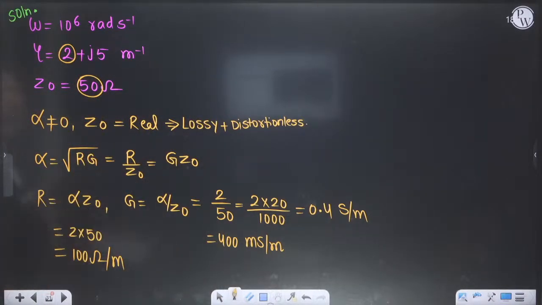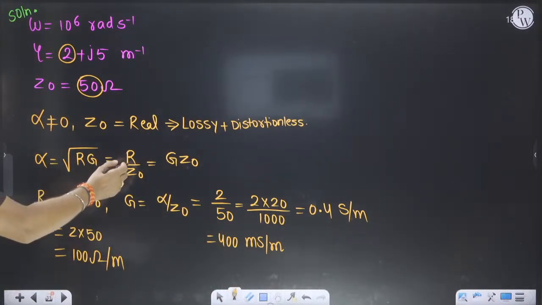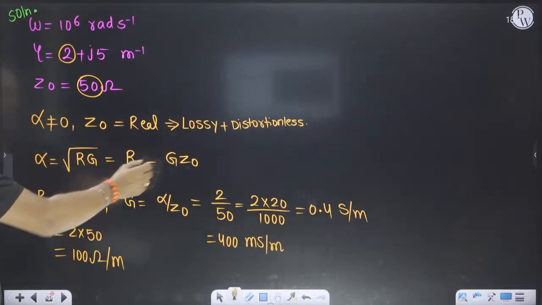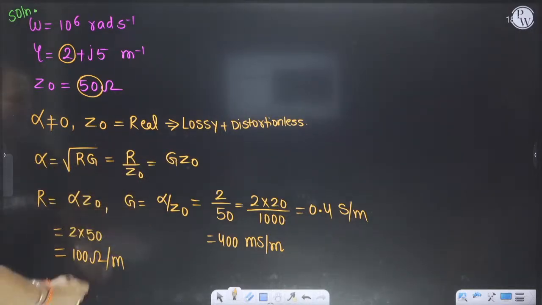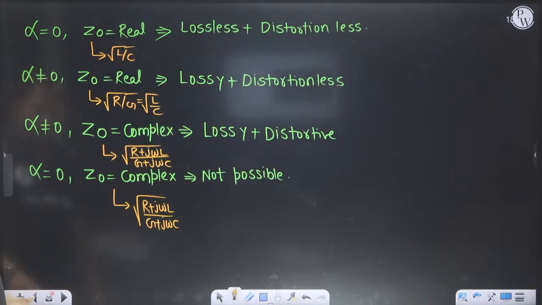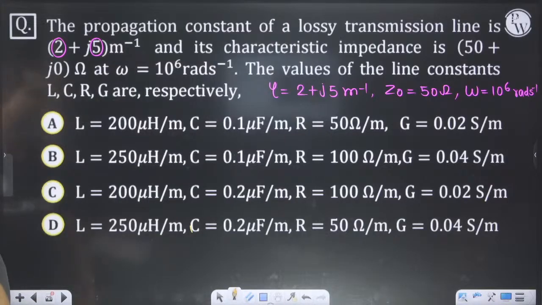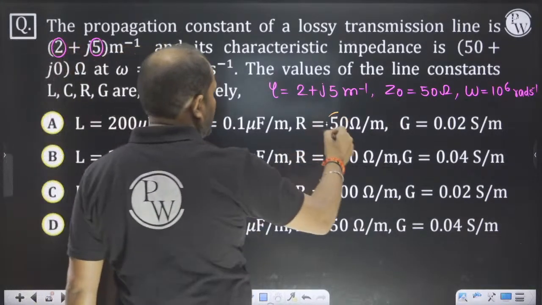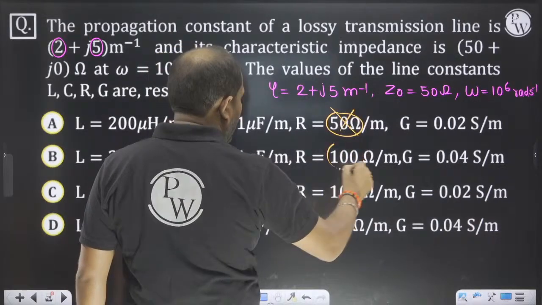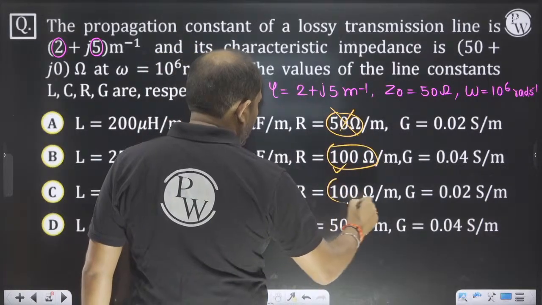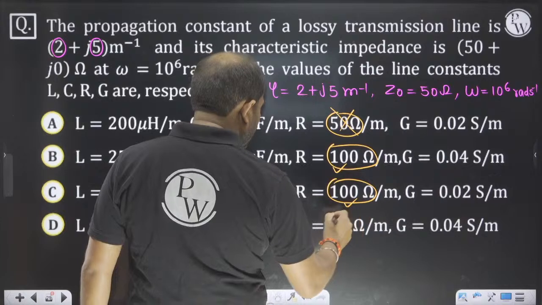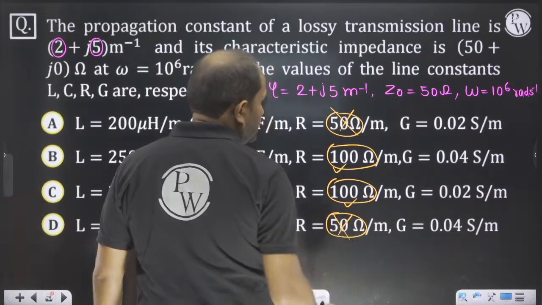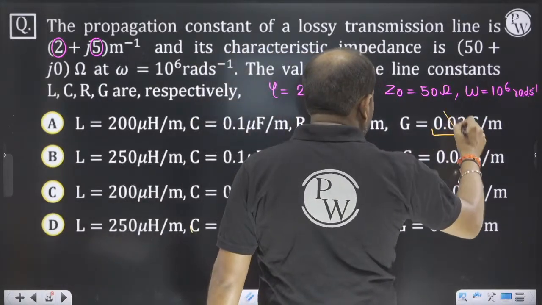So by using this formula we have derived that R is equal to alpha into Z naught and G is equal to alpha by Z naught. What is the value of R here? R is 50, wrong. R is 100, correct. R is 0.02, wrong.